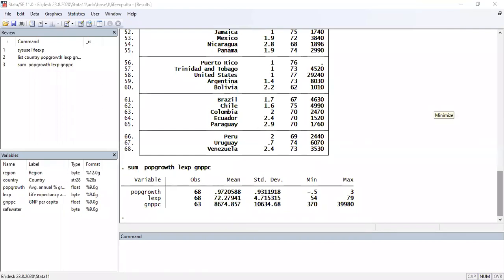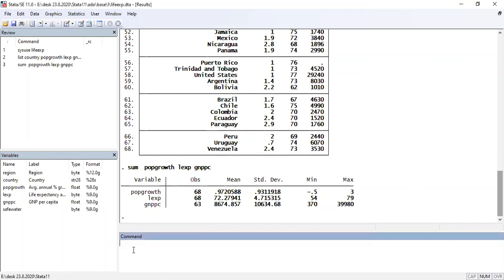Then you can do some scatter diagram. Remember scatter diagram, we said, plot the variables. Let's do a scatter diagram between GNP per capita and life expectancy.